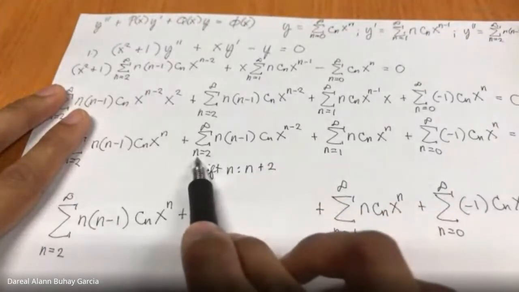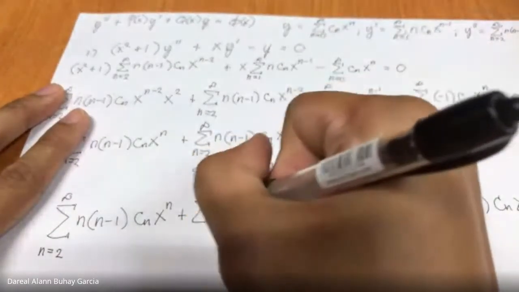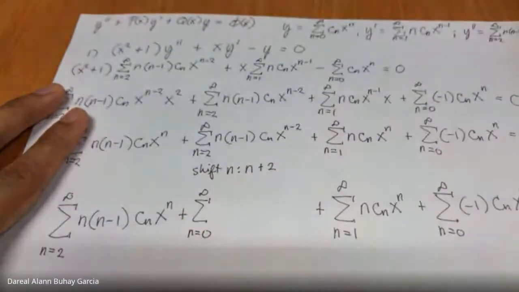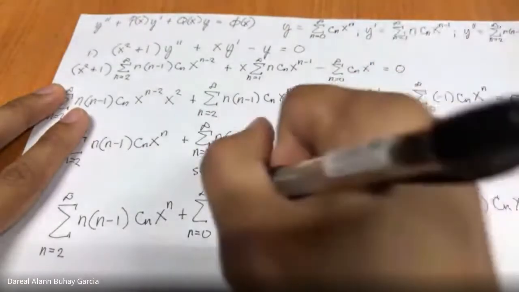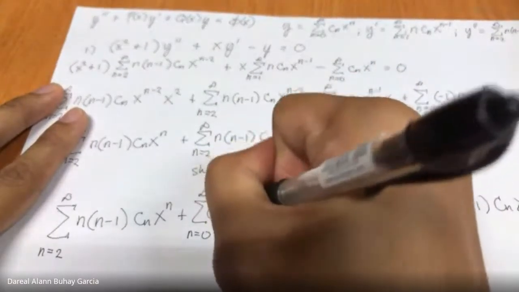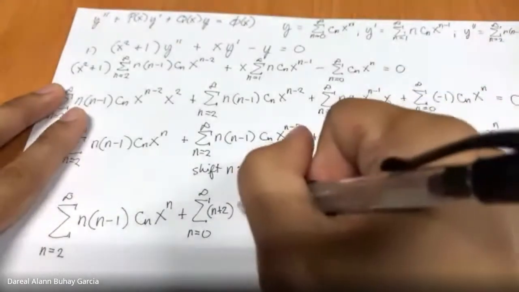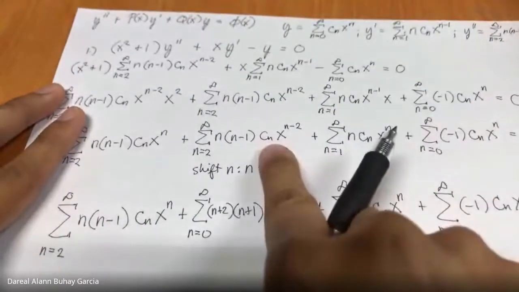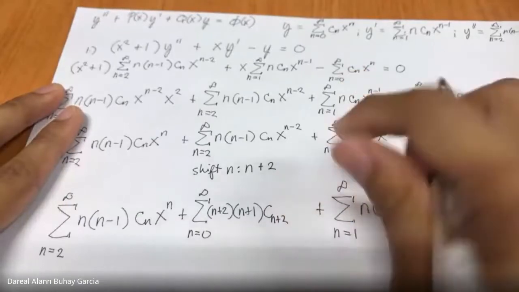No? So n plus 2 is equal to 2. That would become 0. N plus 2. N plus 2 minus 1. N plus 1. C of n plus 2. X to the power of n.